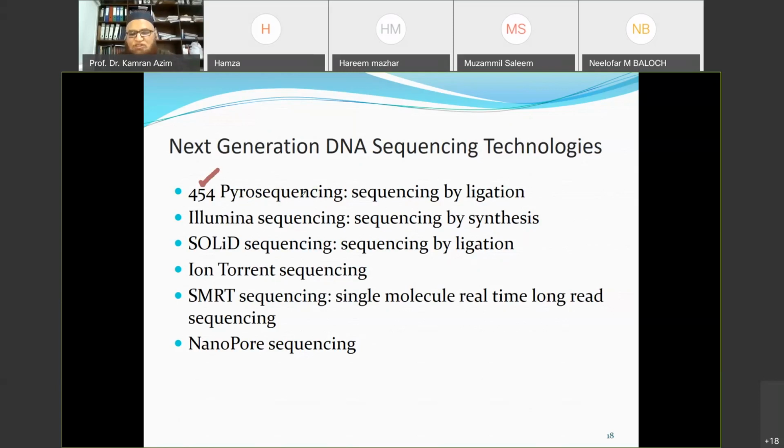This method was also called sequencing by ligation. Basically, they determine the sequence of DNA at the stage of ligation of the nucleotide with the ongoing DNA molecule. This approach was marketed by a company called Roche in 2007.